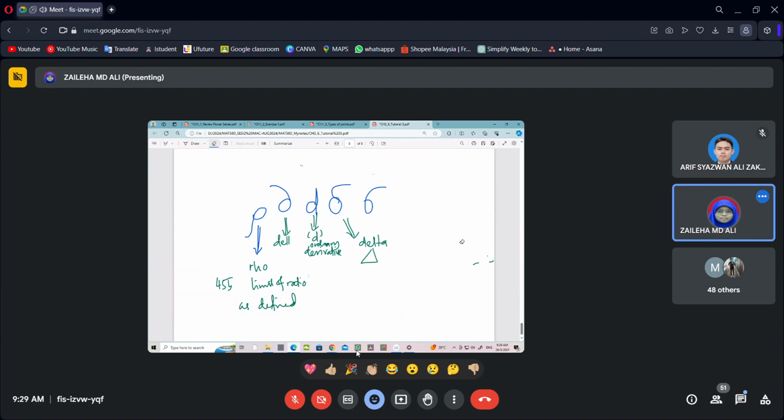Bukan difference ya? This is rate of change. Betul tak? Kalau kita ada y, rate of change y with respect to x. Katalah kita ada delta x, rate of change with respect to x. Ni rate of change ya. Yang last kali siapa nama dia?